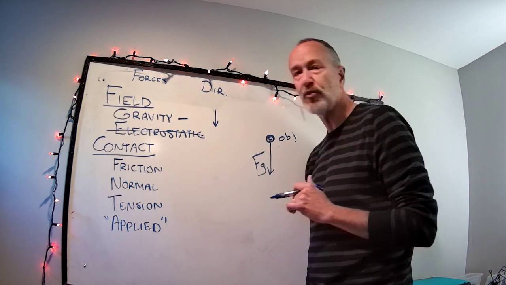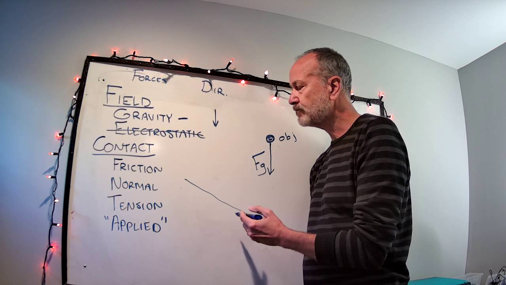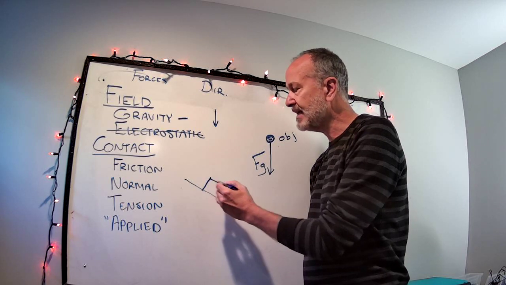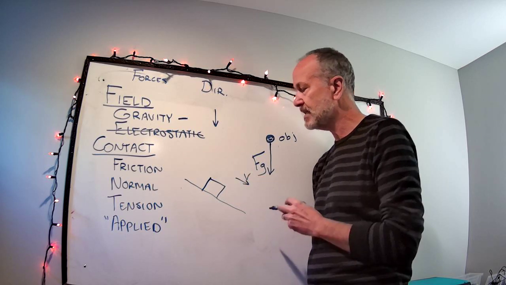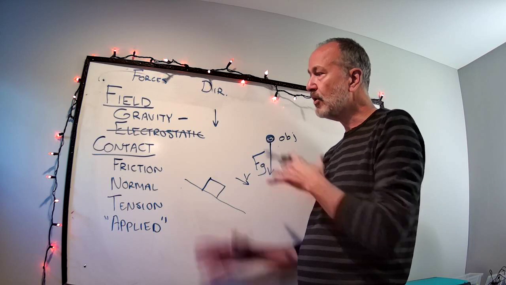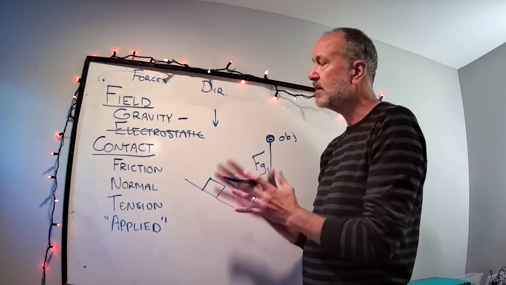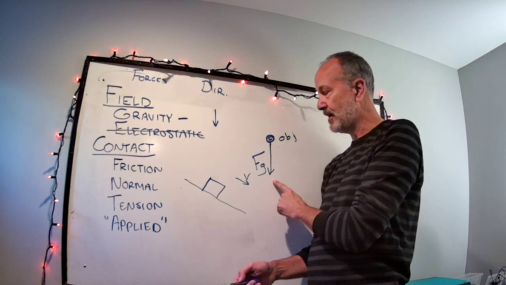Then contact forces. Let's take the case of a block sliding down a ramp. So it's moving in this direction. That's the direction of the velocity. And I go through this list, and I want to look at every possible force. First of all, the field force, gravity, put that on there.